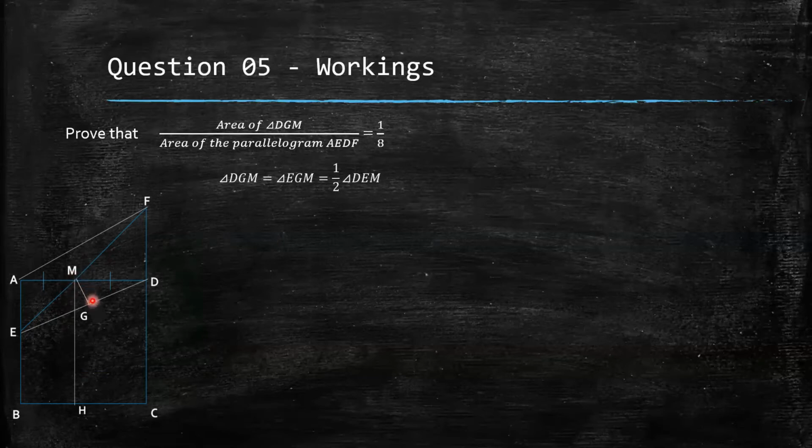And we know the base lengths are equal since we have proved it earlier, DG is equal to GE. Therefore, base lengths are equal, perpendicular heights are equal. Therefore, the area of EGM will be equal to the area of DGM, and thereby the area of DGM will be half of this whole triangle, that is half of the DEM triangle.